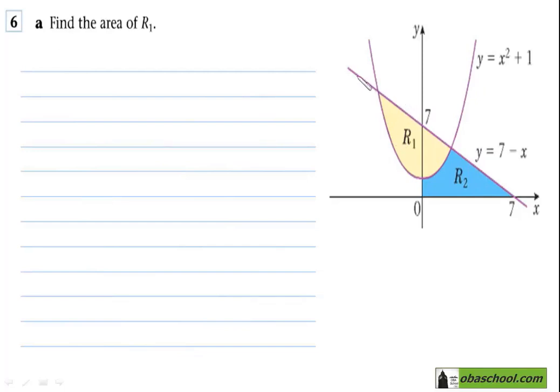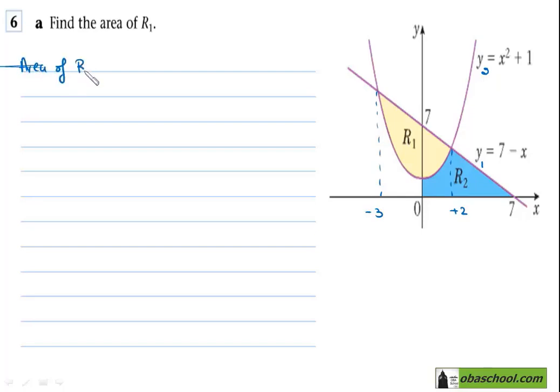Okay, now for the area of R1. It is the region between the curve and the straight line, and we already calculated the limits here. This is minus 3 and this is plus 2. As you can see, the equation of the straight line is higher than the equation of the curve. So the equation of the straight line is y1 and the equation of the curve is y2.